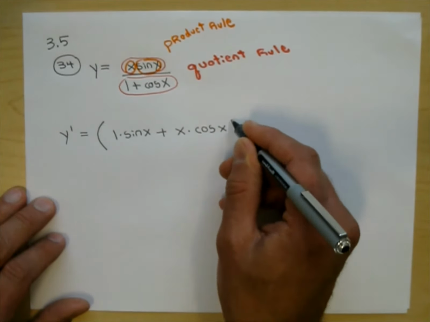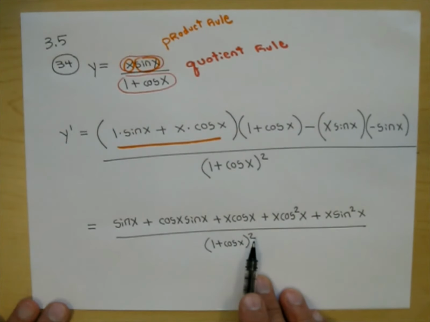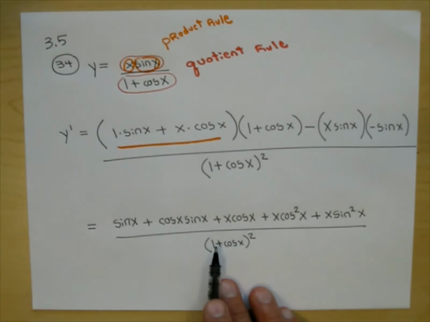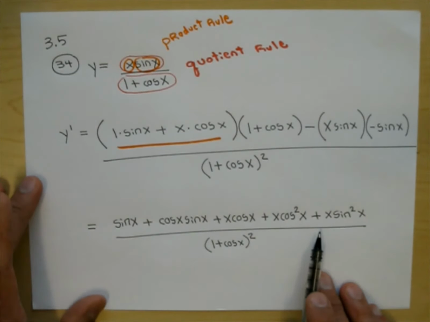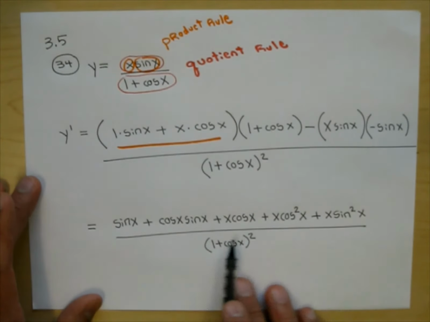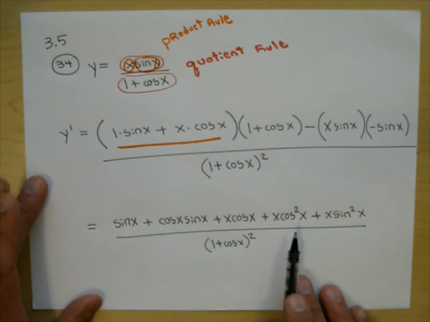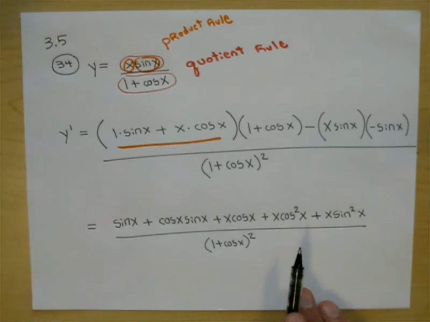This is all over the bottom. We have that right there. Okay, so what do we have on the top? Well, we have some stuff that we probably want to take care of here. Let's see what we have. The first thing that I see is this part right here.